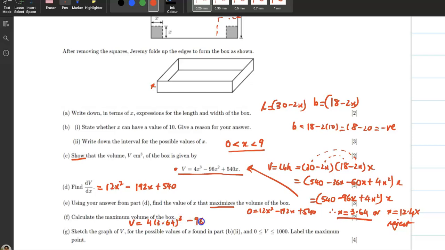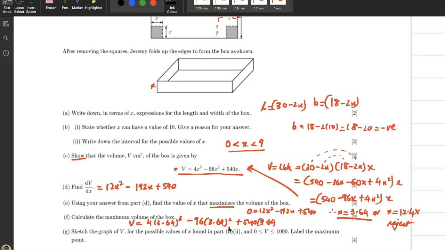So 4 into 3.64 cubed, minus 96 into 3.64 squared, plus 540 into 3.64.